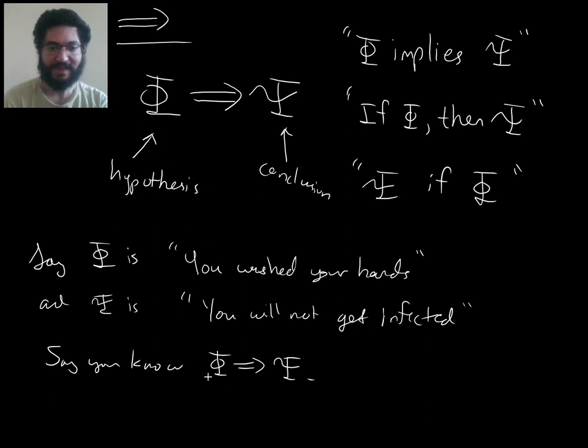To clarify again, if the information you have is that in the case that you wash your hands, it follows that you will not get infected, then in the case where you do not wash your hands, where phi is false, you cannot conclude anything. You cannot conclude psi, and you cannot conclude not psi either.